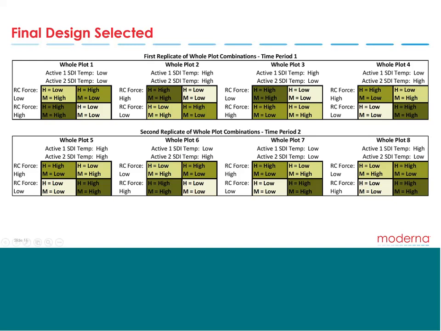So the way that they actually performed the experiment, because they couldn't run all of these whole plots on the same day and they needed the replicates, they ran one whole plot replicate on one day, and another whole plot replicate on another day. The reason I want to bring this up is because it means that the whole plots have a certain structure.